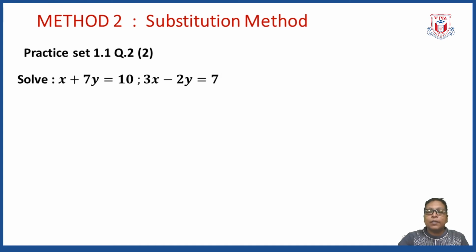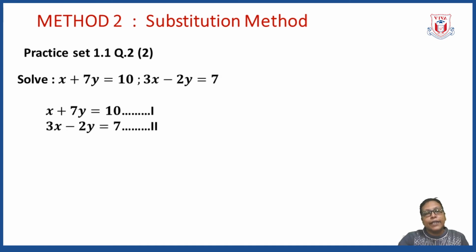Okay, so let us number the equations. x plus 7y is equal to 10, equation number 1. 3x minus 2y is equal to 7, equation number 2. Now in this method we have to choose one equation such that the coefficient of any one variable is 1.